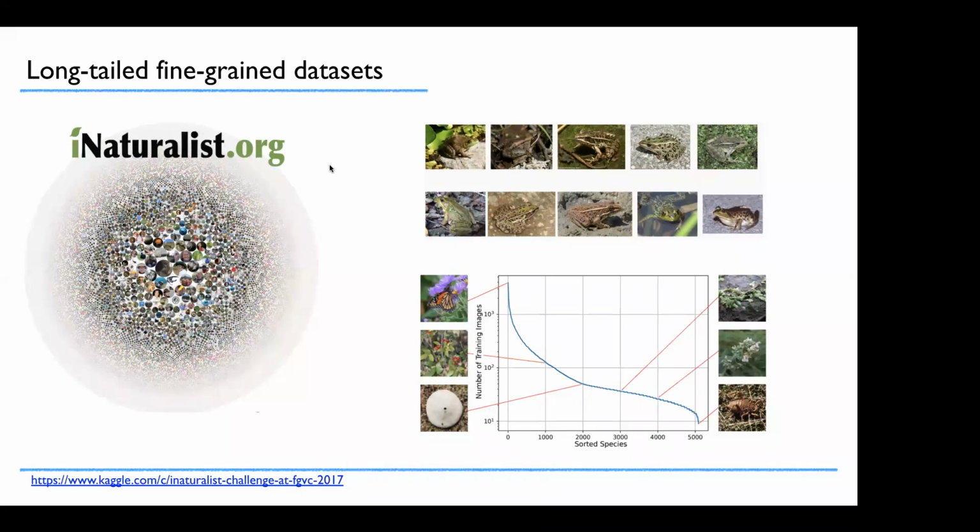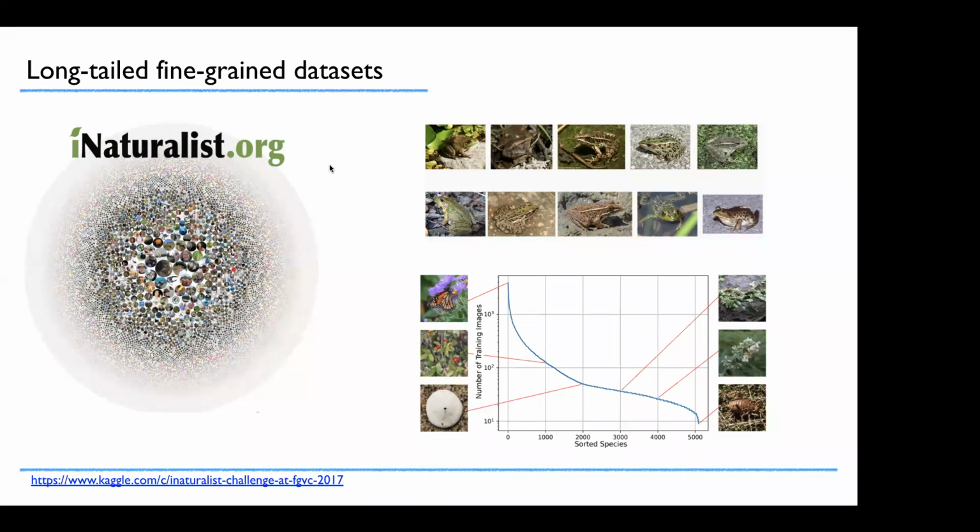Some of the species in there, like on the far left of this plot showing the long tail, the monarch butterfly, are very overrepresented. So iNaturalist basically never needs to see another example of a monarch butterfly. Whereas on the far right, there's a kind of insect that I believe is only found in New Zealand, and there really aren't that many examples of it. So that may even be the extreme of one-shot learning.